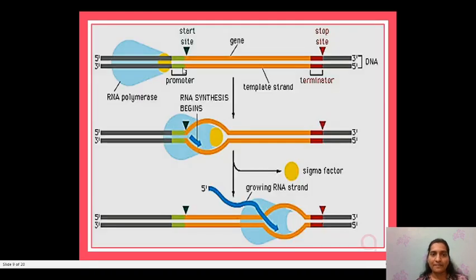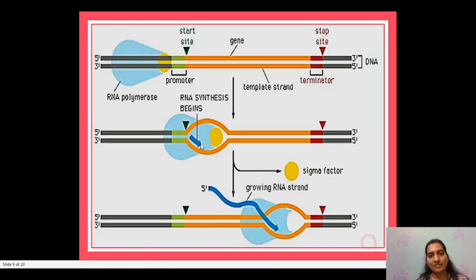So this is how it happens. See here the sigma factor with the 4 subunits. It binds to the promoter sequences where it gets recognized, and once it recognizes the promoter sequence, it starts moving on the DNA template and reading the start site where it can unwind and start the initiation of transcription.